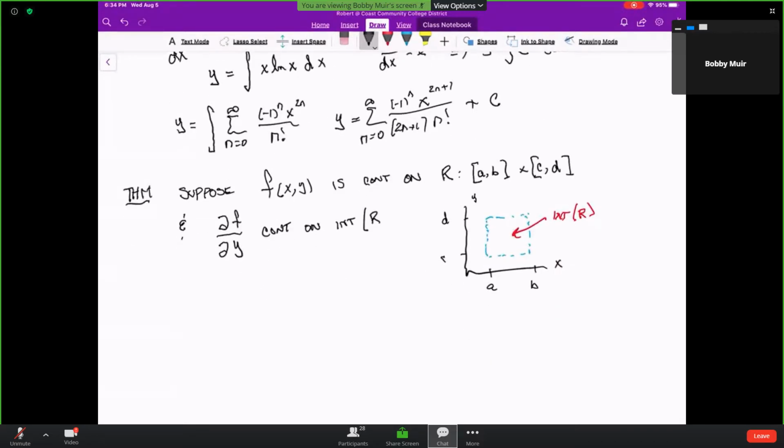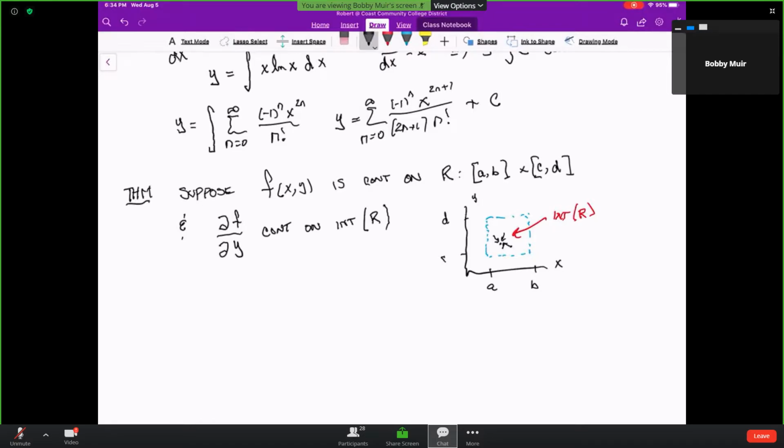Okay, so I have a function of two variables continuous on a rectangle. What that means is a lot different in the two variable case than in the one variable case. If you're continuous, it means the limit has to be the same coming in from any different direction.